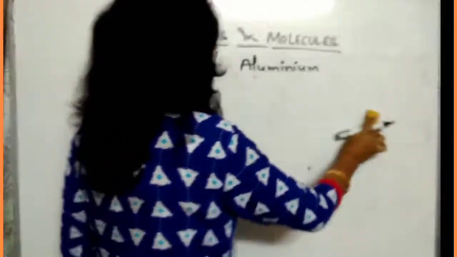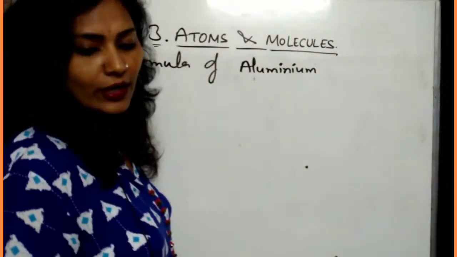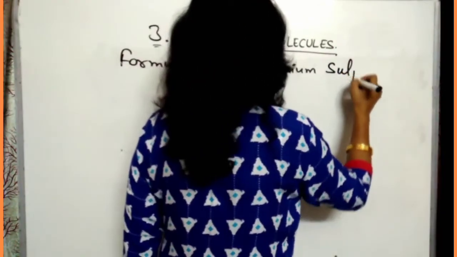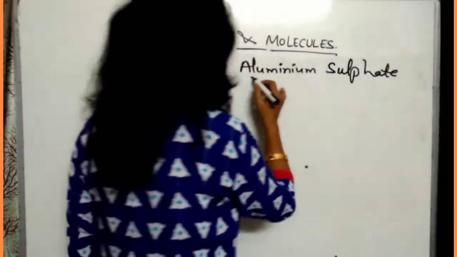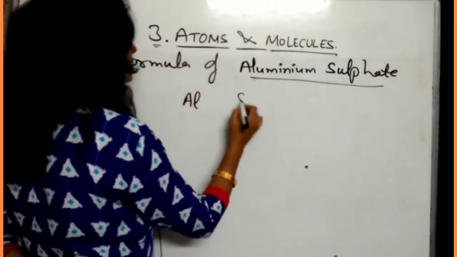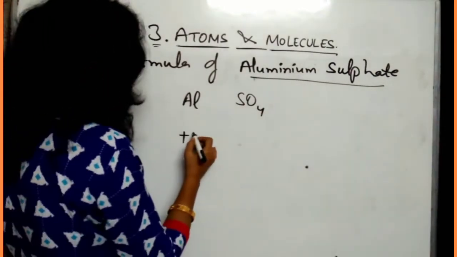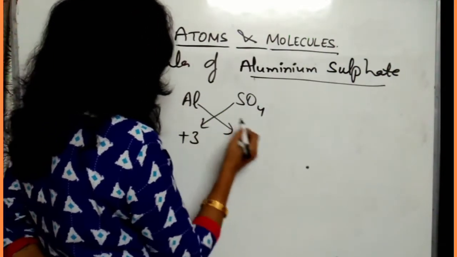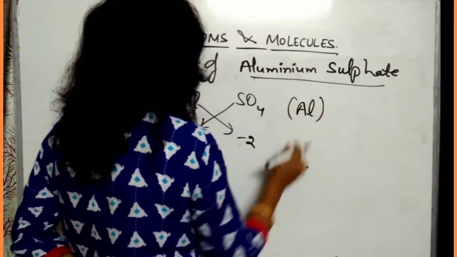You can write the formula of aluminium sulfate. For aluminium we will write Al, sulfate SO4. Aluminium has valency plus 3, sulfate minus 2. Cross over the valency, and write these valencies by putting the brackets.